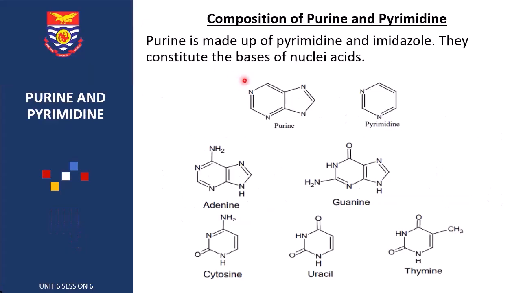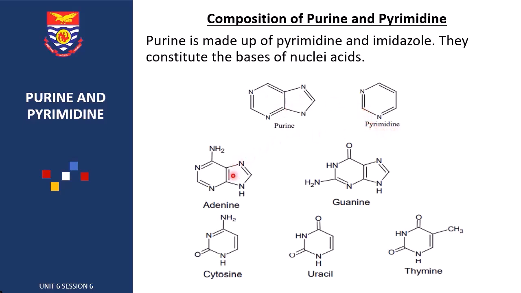Okay, so to look at the structural features of purine and pyrimidine, we realize that purine is made up of imidazole, the imidazole ring here, and the pyrimidine ring. So purine is made up of two different aromatic fused rings, a 5-membered ring and a 6-membered ring, and this is also pyrimidine.